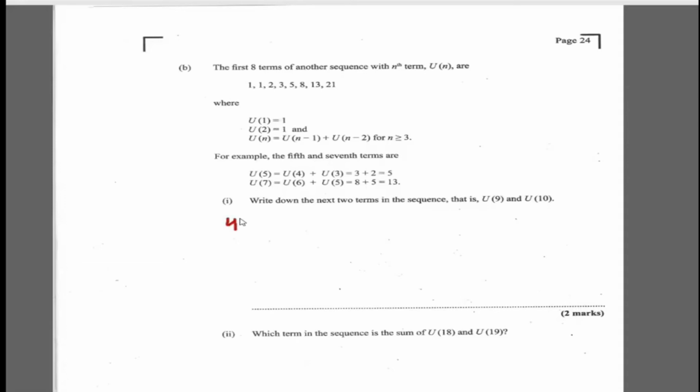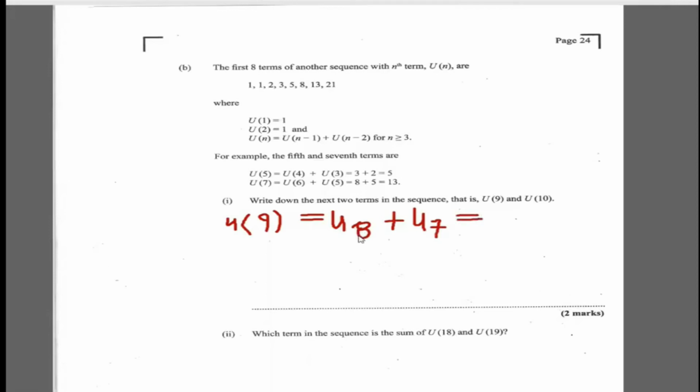U9, where n is 9, is equal to U8 plus U7.